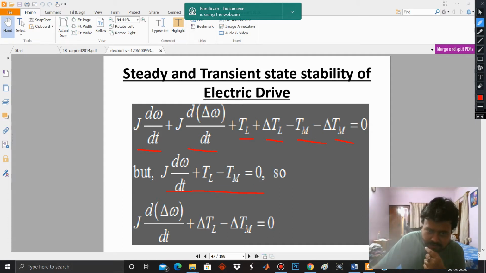So this and this will cancel out, and what we are left with is j d delta omega/dt plus delta tau l minus delta tau m. That means the incremental changes, this is very important, the incremental changes in motor torque, load torque and speed will also satisfy the fundamental torque equation.